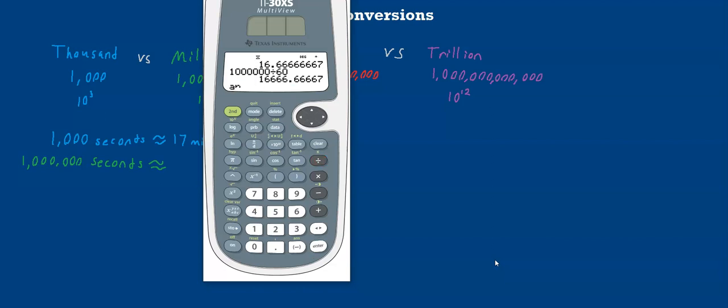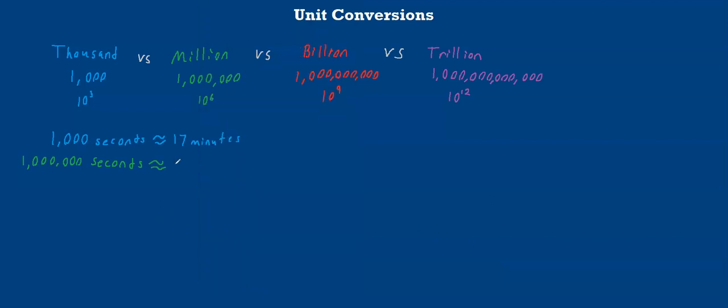And if we divide that by 60 because there are 60 minutes in an hour, we get about 278 hours. And if we divide that by 24 hours in a day, we would get 11.57 days, or almost 12 days to count to a million seconds. And that's a huge jump. We went from 1,000 seconds in 17 minutes to a million seconds would take 12 days.